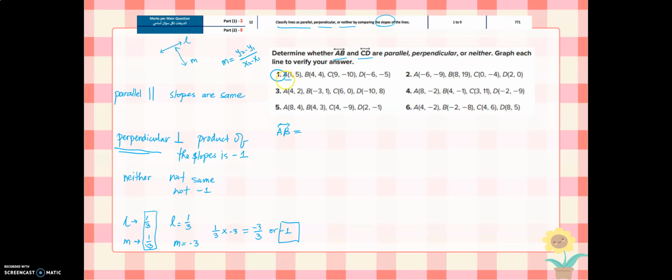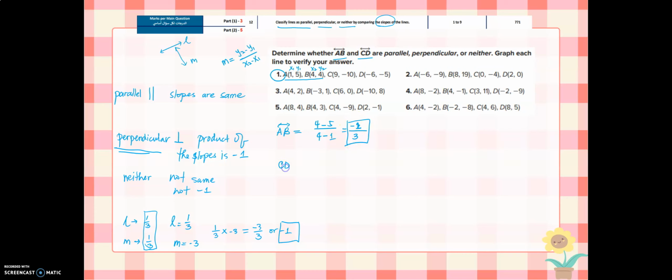For line AB, this is x1, y1, x2, y2. Following the formula, we have 4 minus 5 over 4 minus 1, which is negative 1 over 3. So negative 1/3 is the slope of AB.